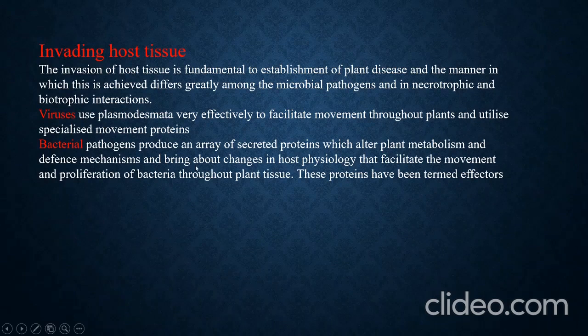The next is bacterial pathogen. They produce an array of secreted proteins. This array of secreted proteins alters the metabolism and defense mechanism of the plant.